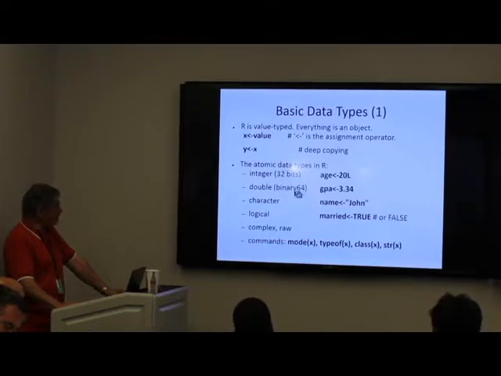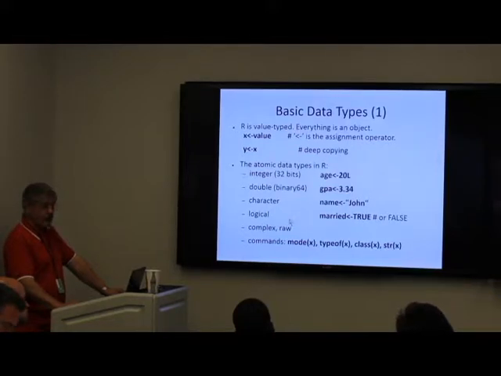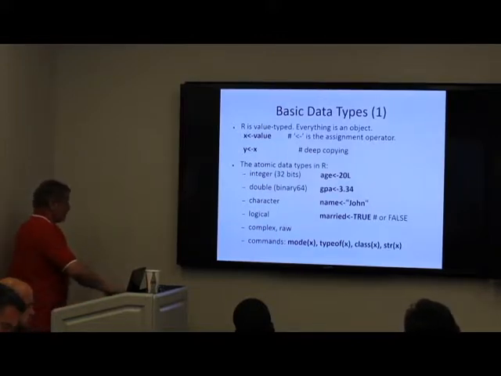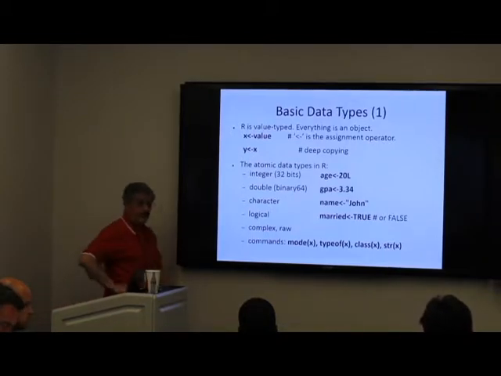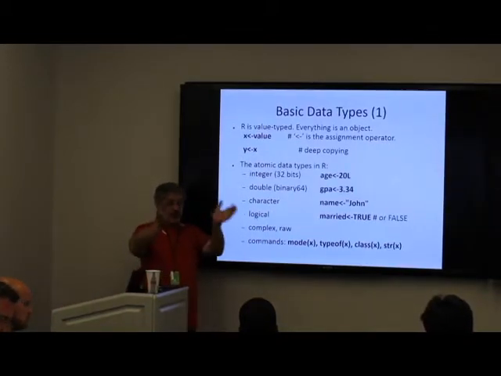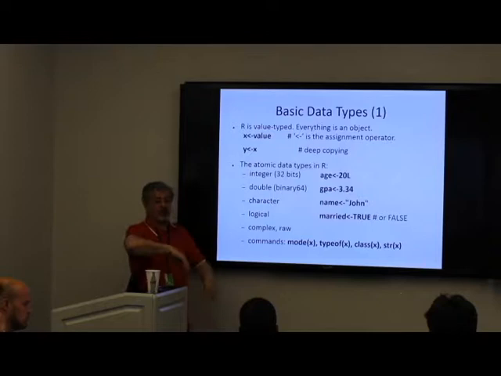Binary, you can assign binary, double, characters, logical, true or false, or T or F. Now, the one thing that you will notice is you will not use equal unless you're in brackets assigning arguments.